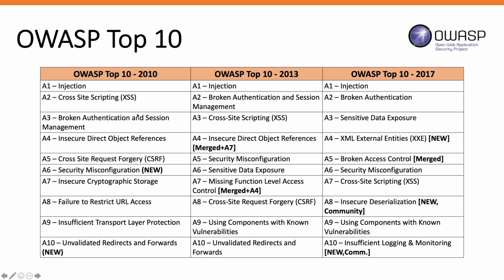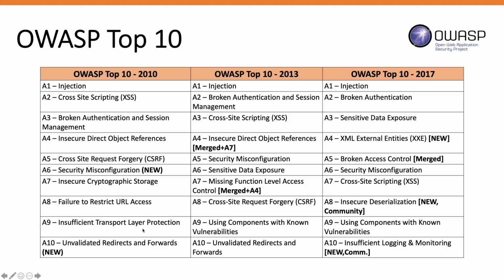Cross-site scripting was the second most critical risk to web applications in 2010, and then it became the third most critical risk in 2013. Then it dropped all the way to the seventh most critical risk in 2017. You'll see some of them completely disappear. Insufficient transport layer protection was number 9 of the most critical risks in 2010, but it completely disappeared in 2013 and 2017.